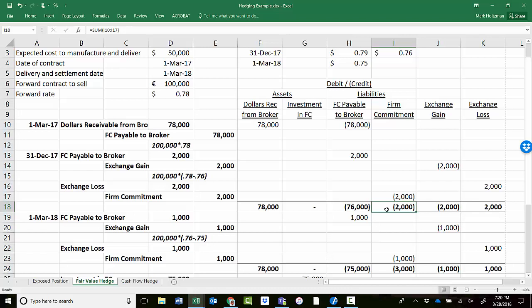So if you look at companies' financial instrument notes carefully, you'll see they provide the net gain or loss on the income statement, and they'll break that out into gross gains and gross losses, and offset them in the notes. So what's happened here is that I still have $78,000 in liabilities, and nothing has hit the income statement. Because what's going on in substance, if you have an effective hedge, is that I'm selling the goods for $78,000.